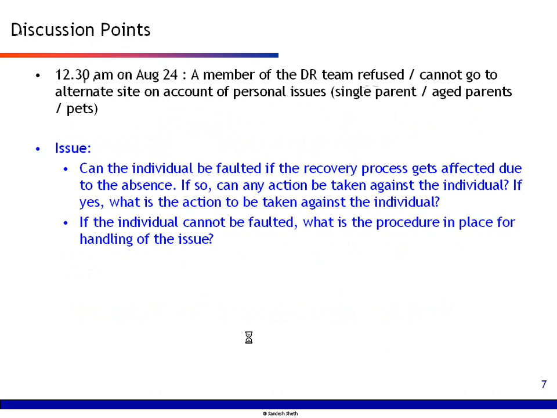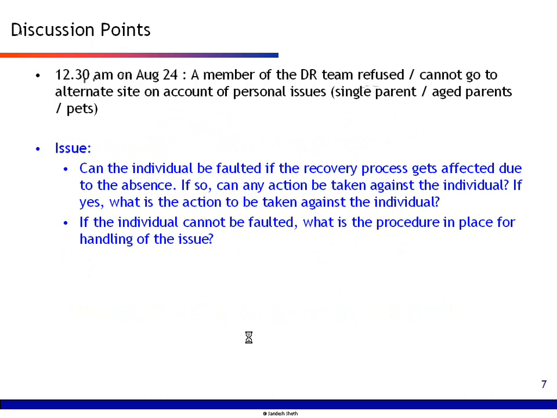Question: can this individual be faulted if he was a resource and his absence is going to affect the recovery operations? If so, what kind of action can be taken against the individual? And if the individual cannot be faulted, then what is the procedure in place for handling of the issues, so that it doesn't happen that everyone finds an excuse to not go to the alternate site?